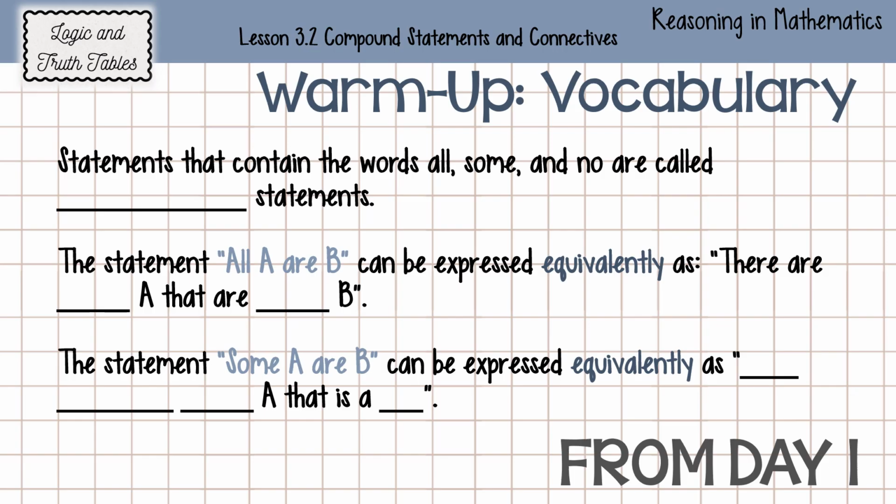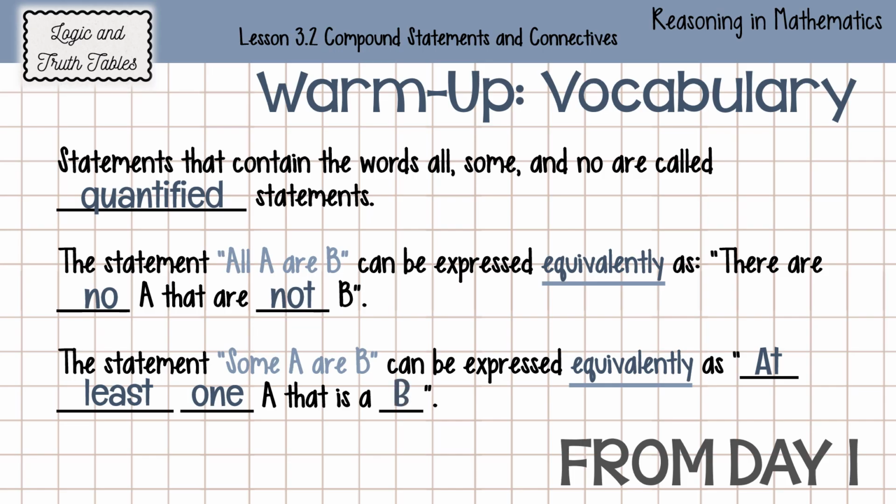Statements that contain the words all, some, and no are called quantified statements. The statement all A are B can be expressed equivalently as there are no A that are not B. The statement some A are B can be expressed equivalently as at least one A that is a B. If some are B's, then there's got to be at least one of them.